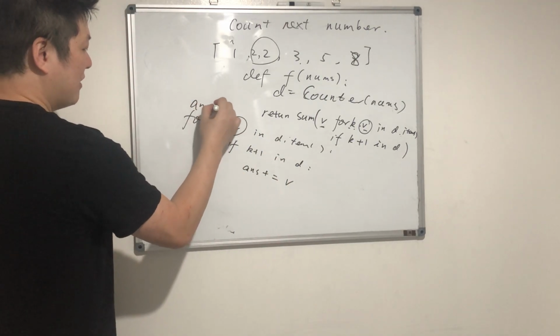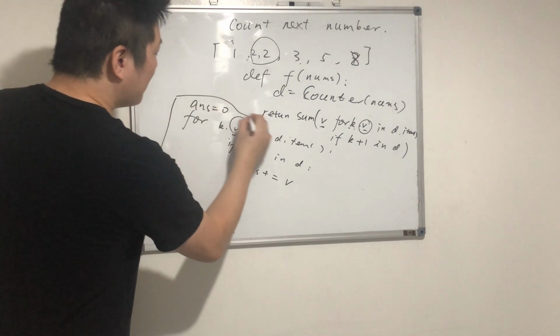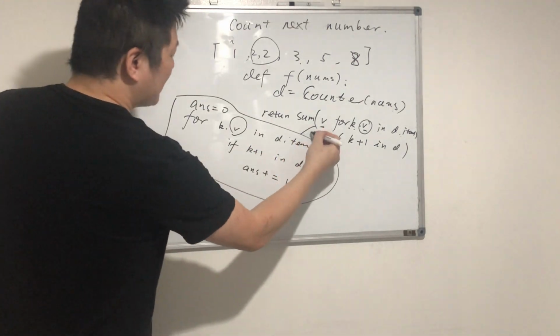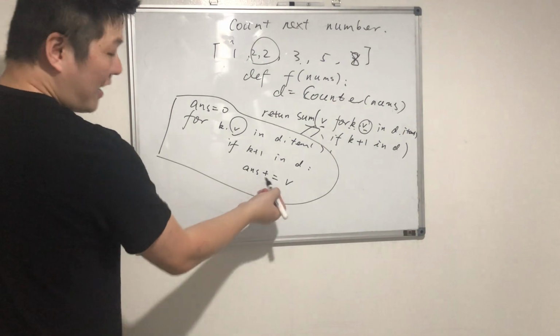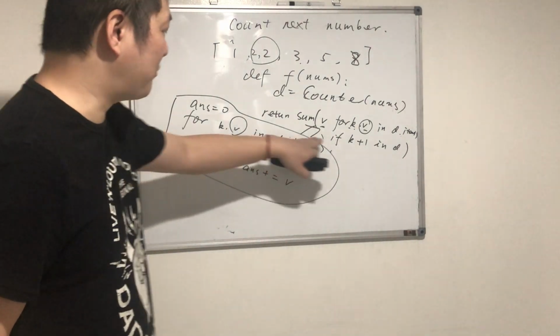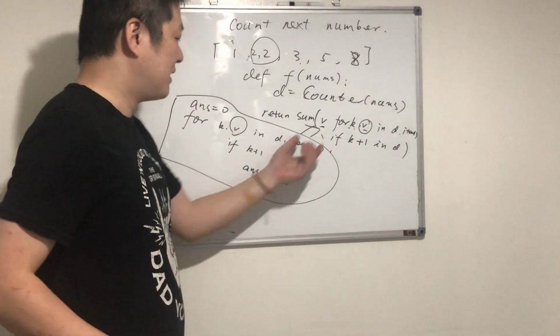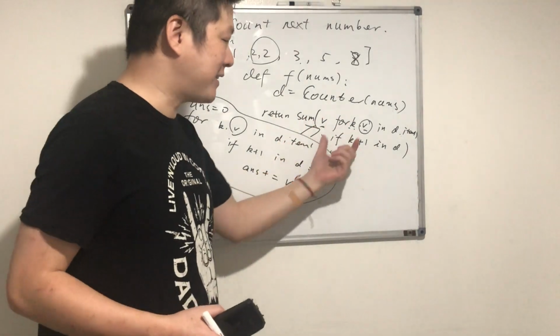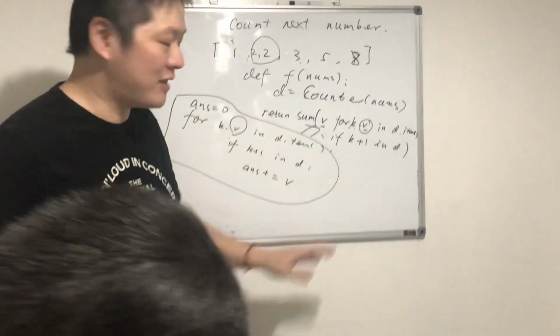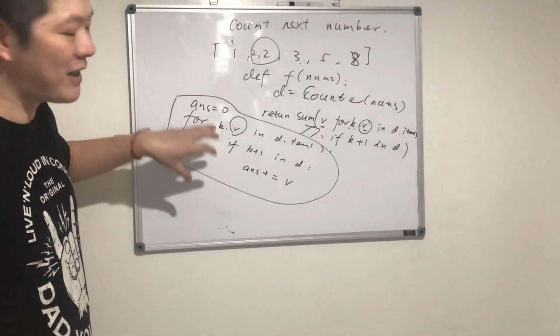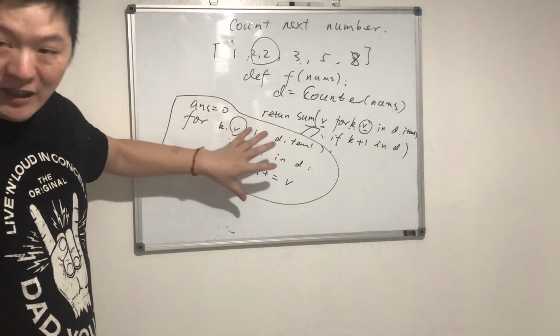Answer equals 0. So look, this bit is the same as this bit, okay? Just a bit longer. And this is more fancy. Yeah, you want to sum something, okay? When you write more code, you can understand this a little bit, but it's not required at this moment. The most important thing is how you understand this, okay?